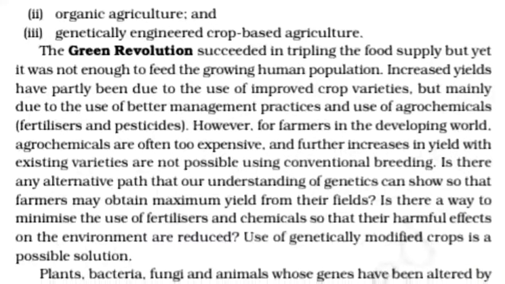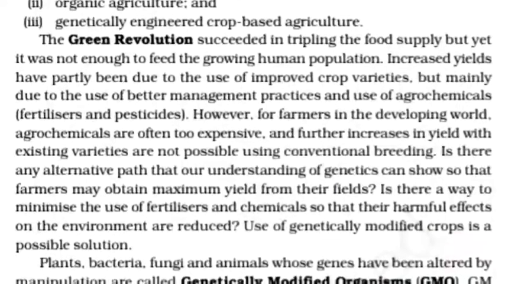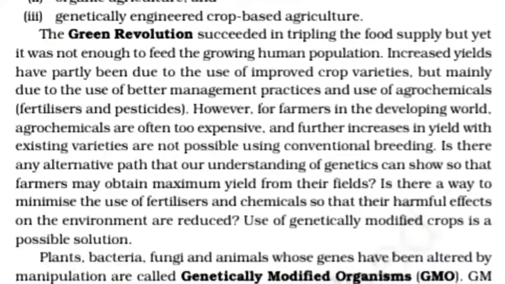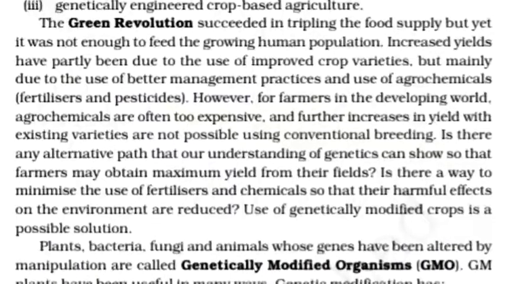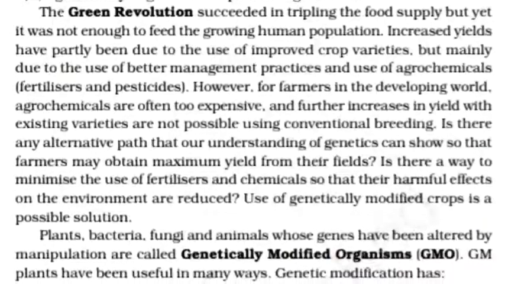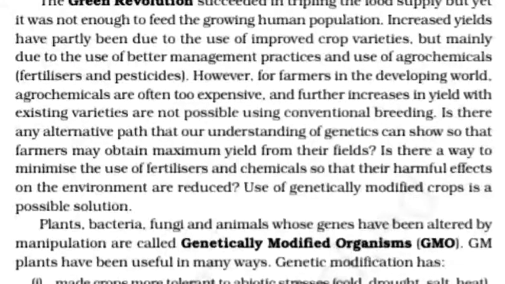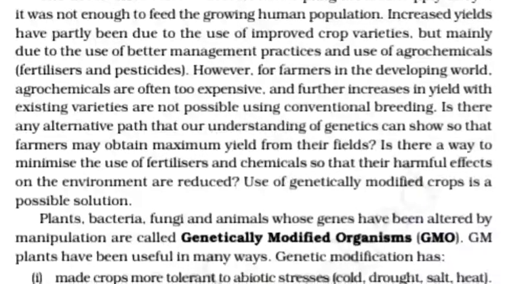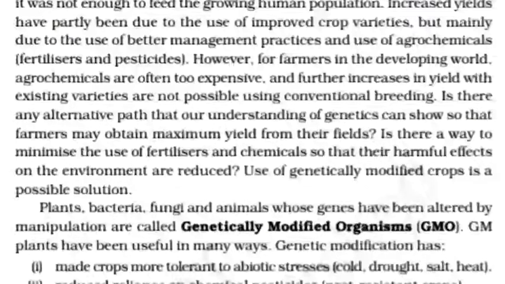Increased yield has partly been due to the use of improved crop varieties, but mainly due to the use of better management practices and use of agrochemicals, fertilizers and pesticides. However, for the farmer in the developing world, agrochemicals are often too expensive, and further increases in yield with existing varieties are not possible using conventional breeding.